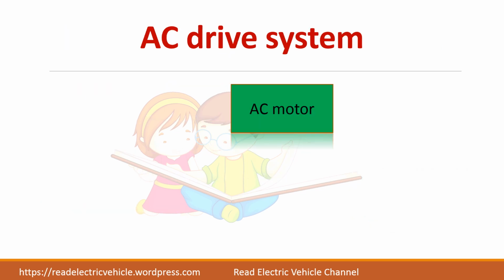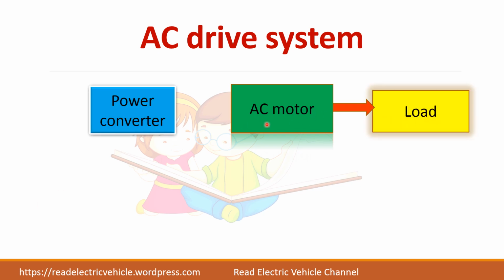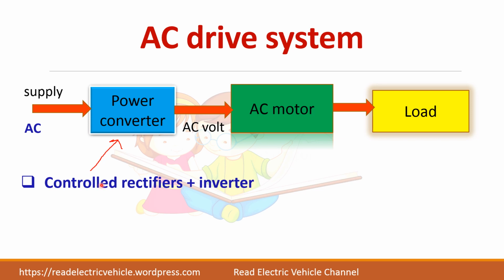Next we will see the AC drive system, which consists of an AC motor to feed the load. The AC motor requires AC voltage which can be obtained from a power converter. The input for the power converter is AC. So you can use a controlled rectifier plus inverter, because a controlled rectifier will convert AC to DC.